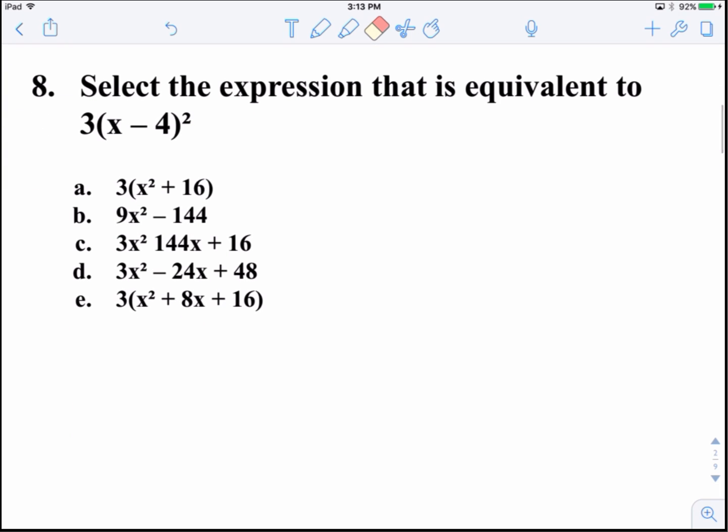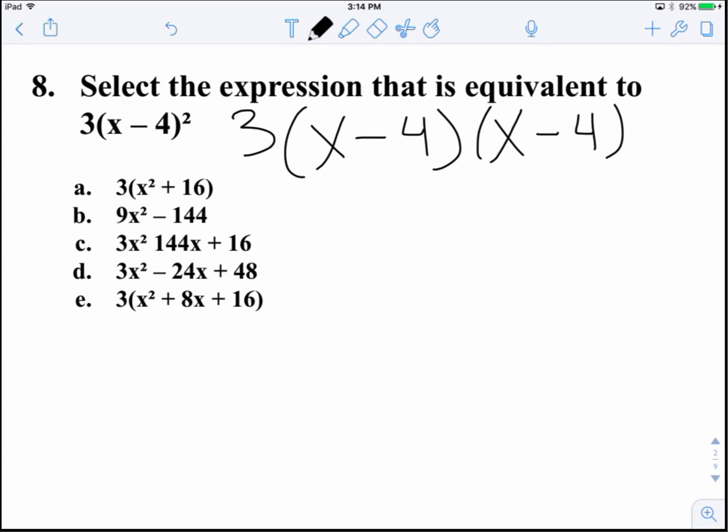Number 8. Select the expression that is equivalent to 3 times the quantity of x minus 4 squared. So this is 3 times (x minus 4)(x minus 4), and then use FOIL.